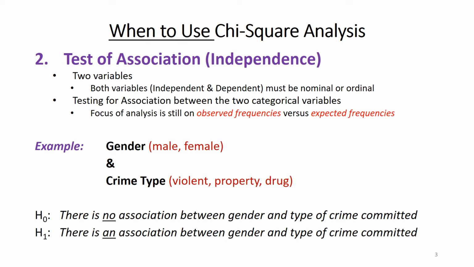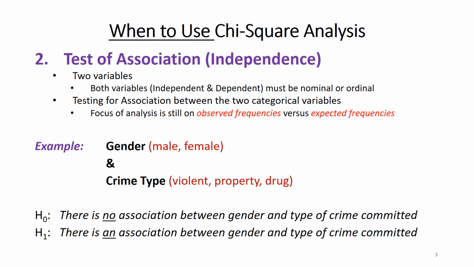And the test itself is examining whether or not there is a significant association between those variables. And the focus of analysis, and you'll see this when we look at some of the SPSS output, is still on differences between the observed frequencies, what our sample actually gives us, versus those expected frequencies, those null value frequencies.